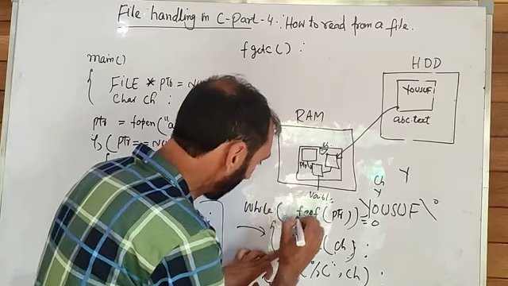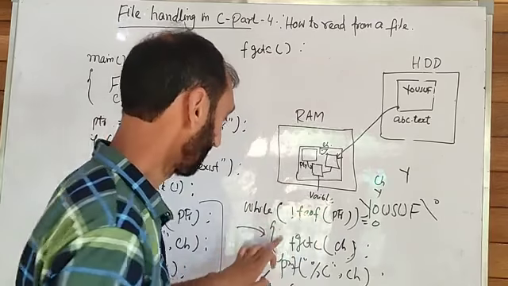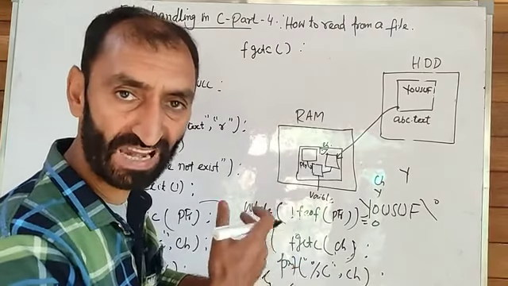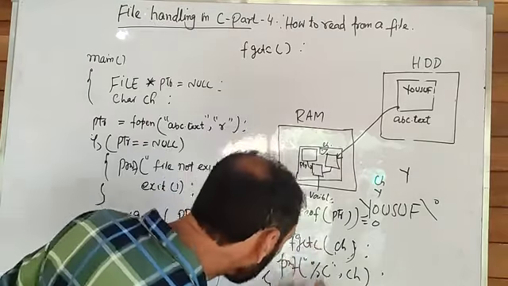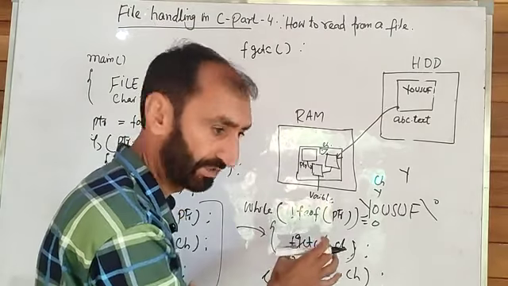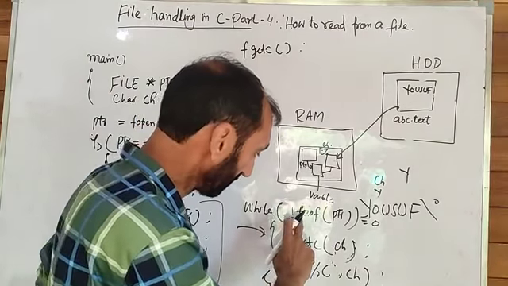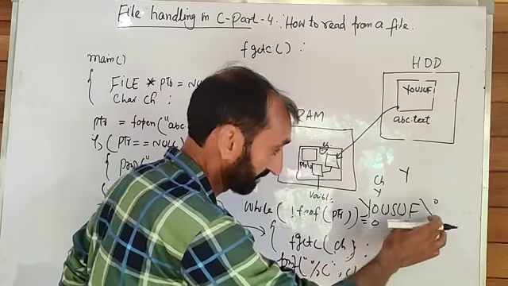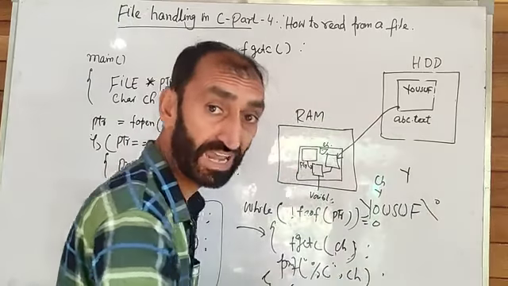So here we have to modify this: while not end of file. As long as it is not end of file, this will keep running. Why not end of file? Because slash 0 shows that it is the end of file.